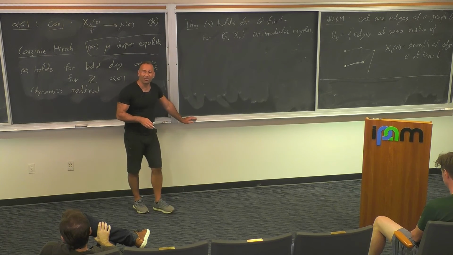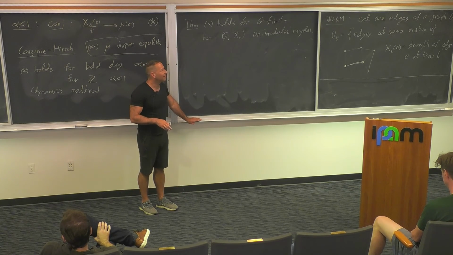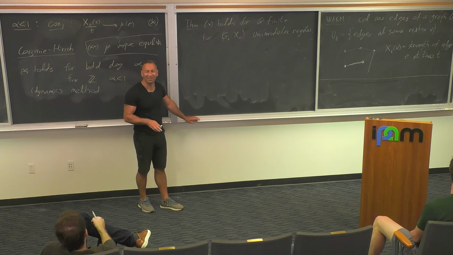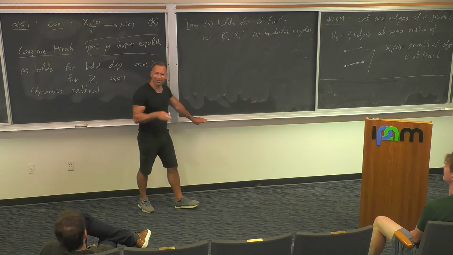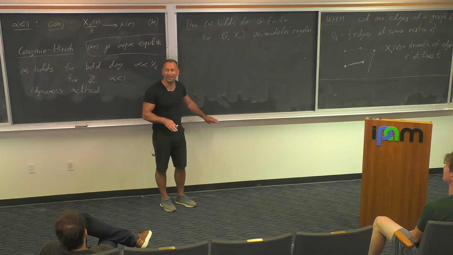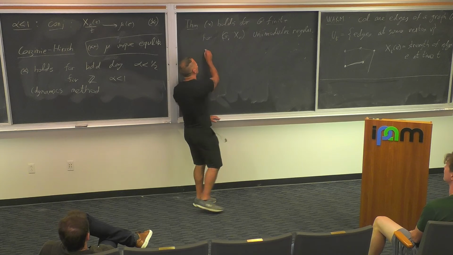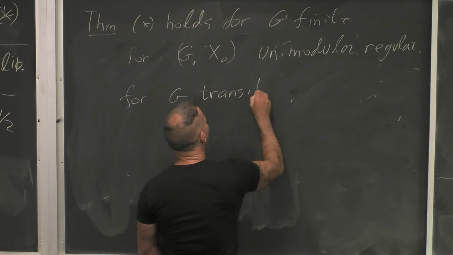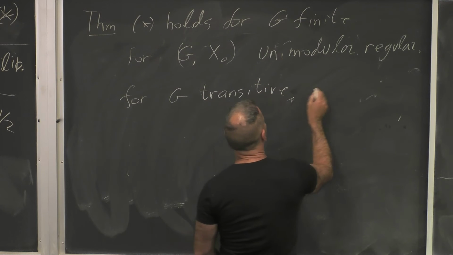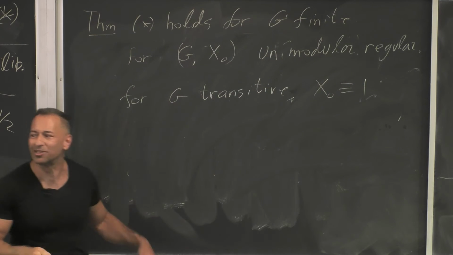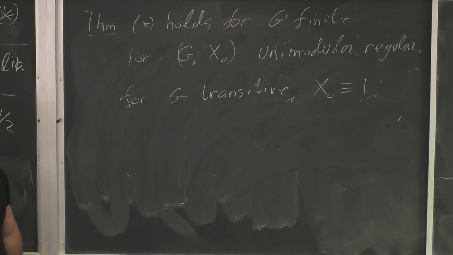If you're not familiar with unimodularity, given the time, I probably will not say what it is, but you can ask me later. But certainly for any Cayley graph, and also we can say for G transitive with x0 constant. So if you have constant things, then any transitive graph is fine.